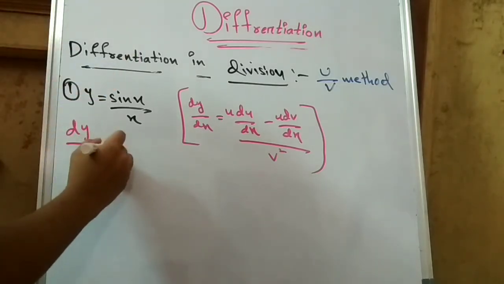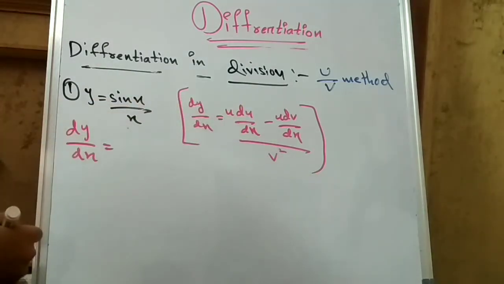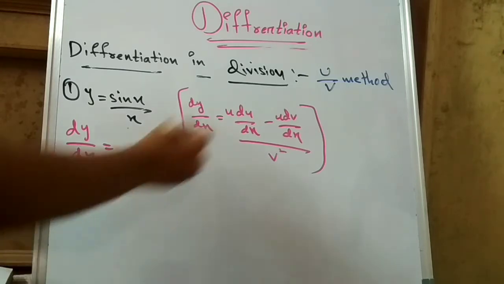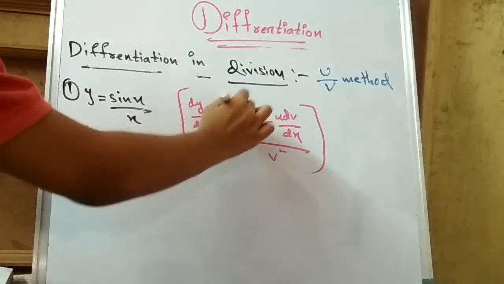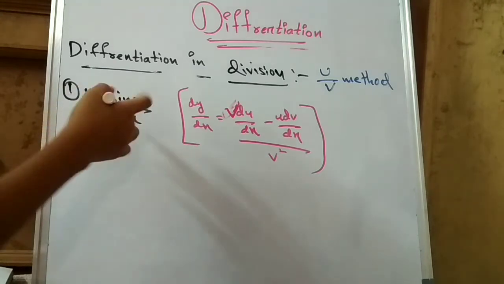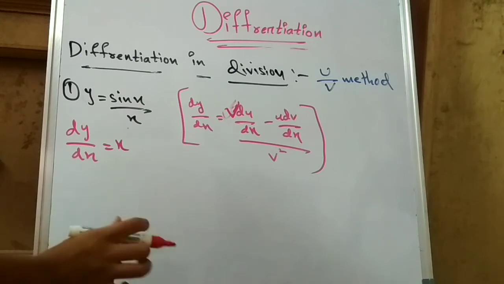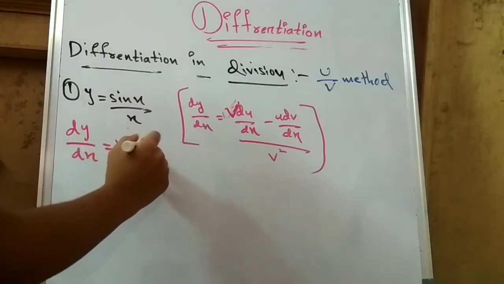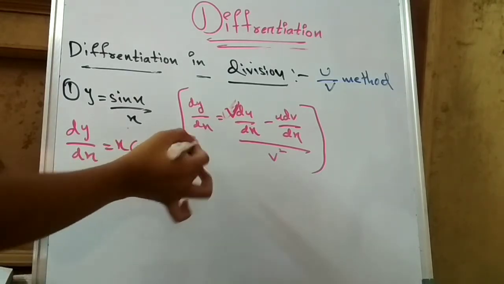So let's do dy by dx equals, hold x, this x, first v, right? So hold x. This is v actually. So first take v, so x. Then sin x, sin x means cos x, right? Cos x. Minus u dv.